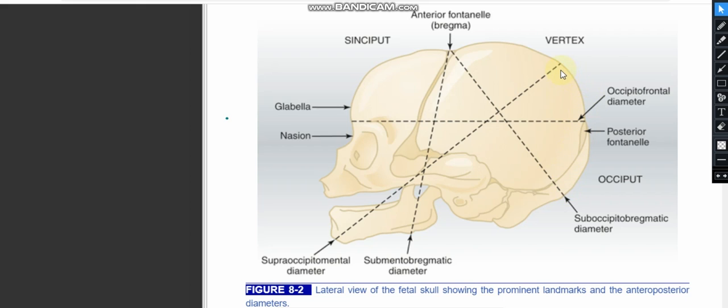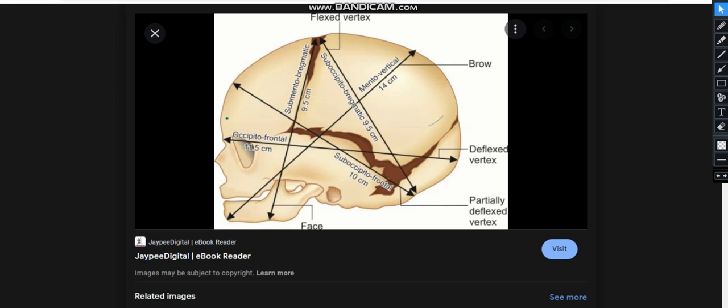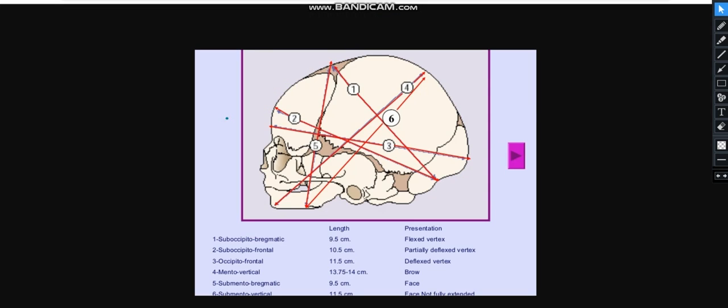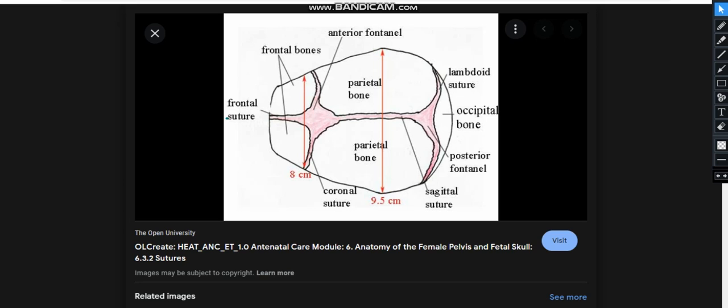Now, if it is more than 9.5, then we have three diameters. One is 11.5, one is 10 or 10.5, and one is 14. Now, how to see which are the diameters we are talking about?